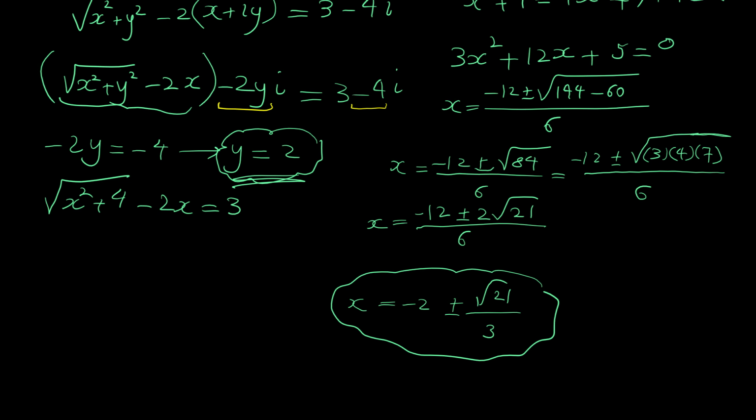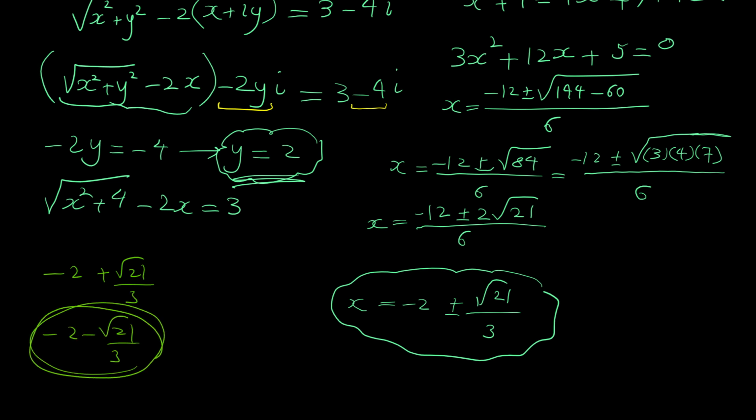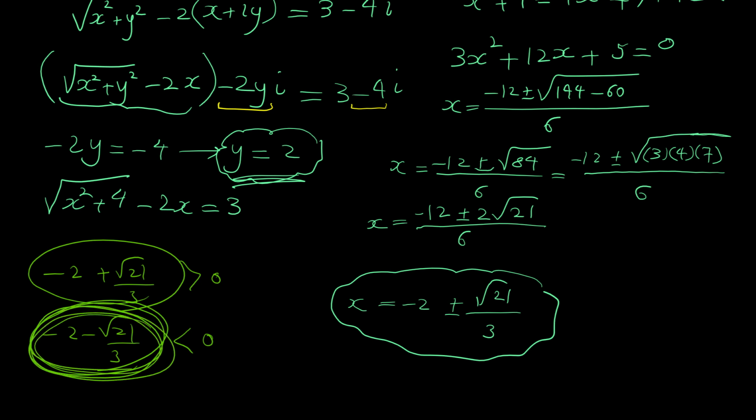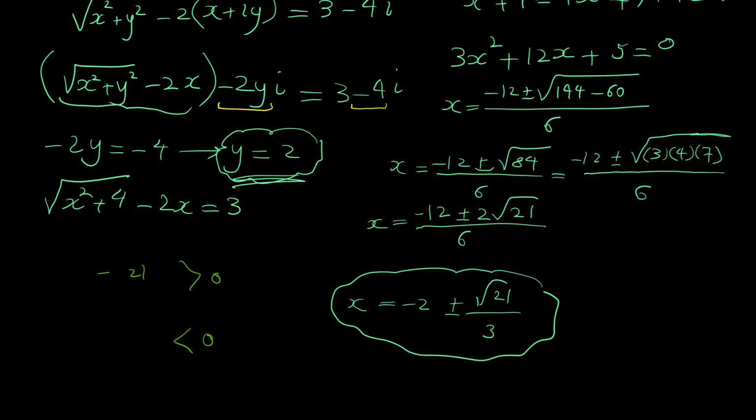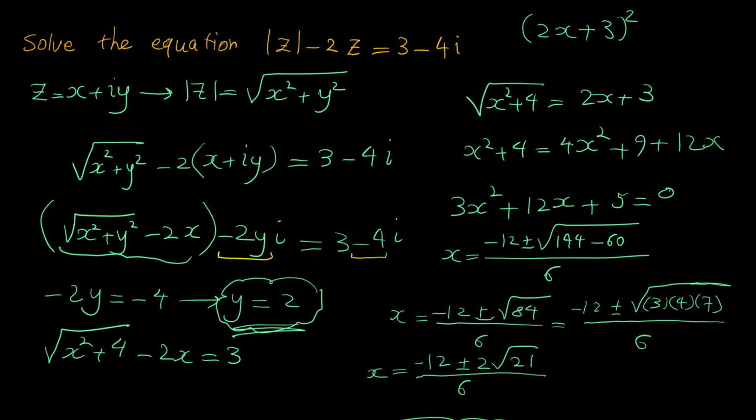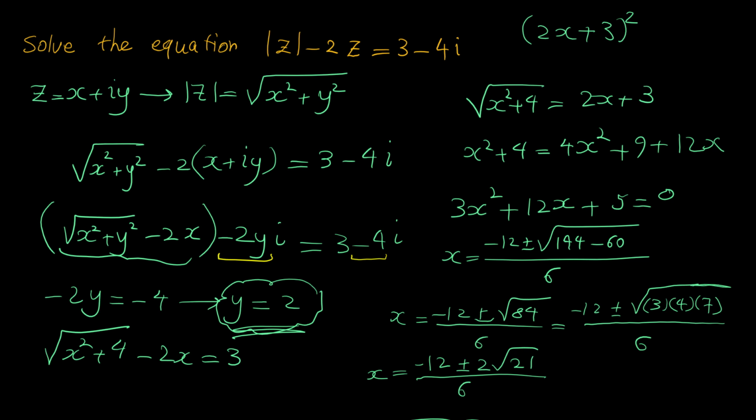This is obvious that this number is a negative number, but this one is bigger than 0. If x is negative number, this can't be a solution for the equation that we started with here. Please pay attention, this is really tricky.